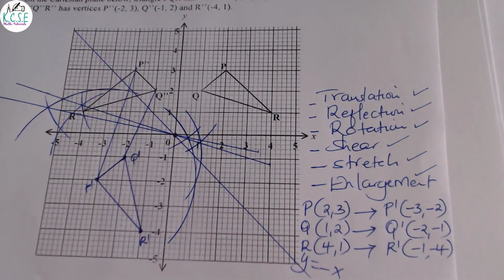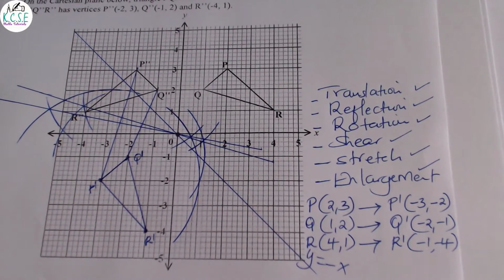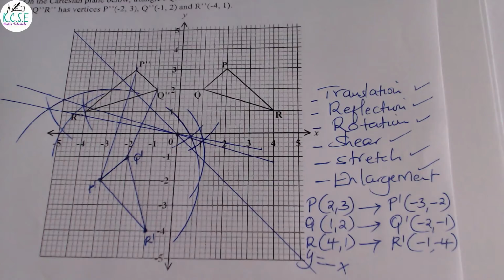Now we want to identify the angle of rotation. Remember, what is being mapped to what? It is triangle P prime Q prime that is being mapped to P double prime.